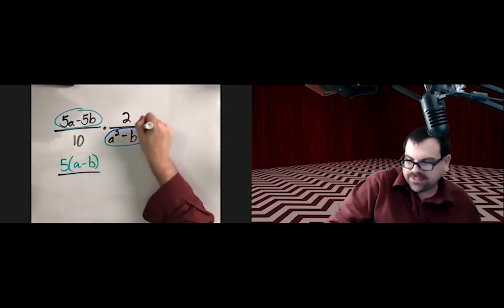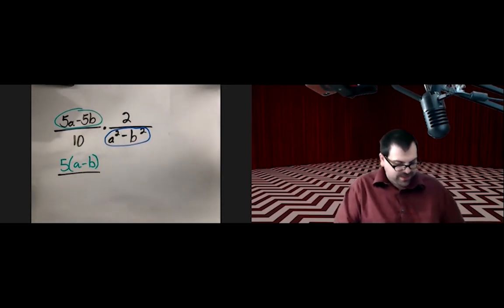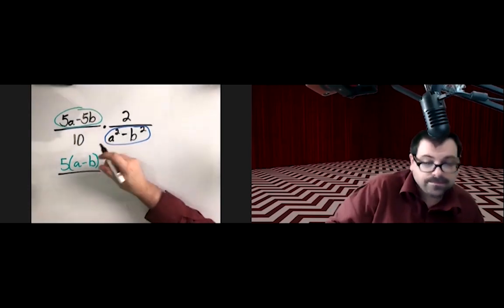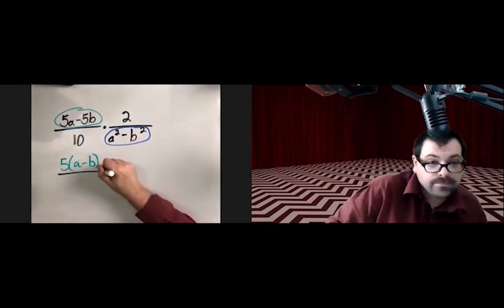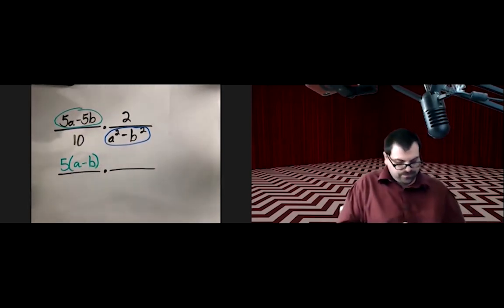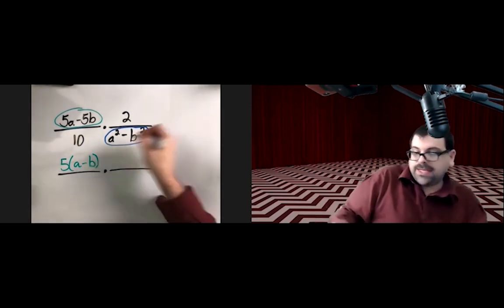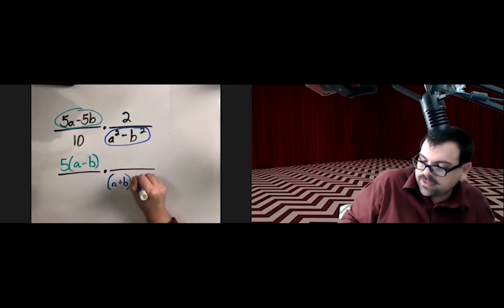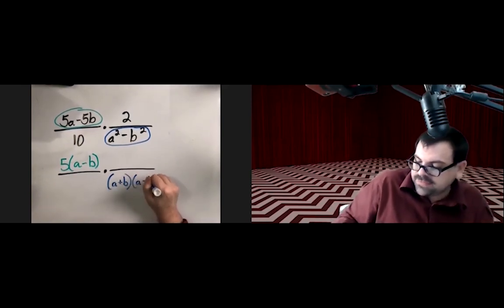We can factor this. A squared minus b squared, that is a difference of 2 squares. A squared minus b squared is a plus b times a minus b.